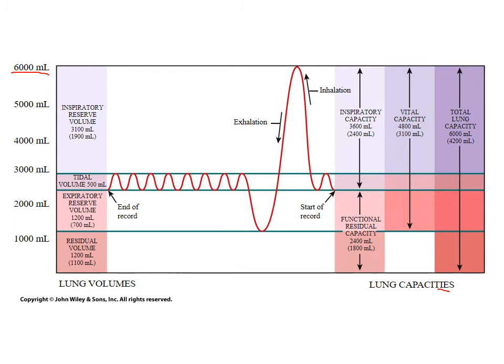My body will shut it down before I get there, but it'll get close to 6,000 milliliters. But we don't do that all the time. You don't breathe in all you can and breathe out all you can every time. As a matter of fact, we're going to have a little area that is our normal breathing. This little volume is called tidal volume. And it is called tidal volume, the same reason why we call the things out at the beach tides.